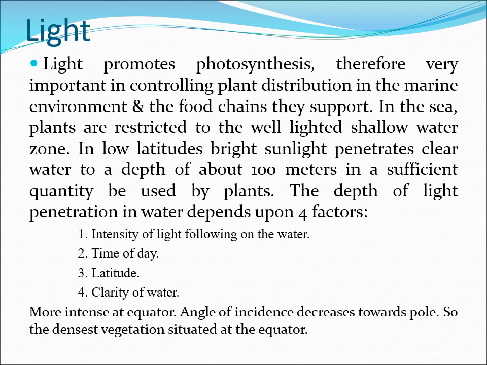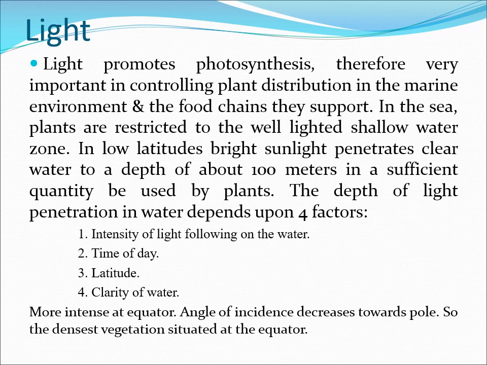Most of the sunlight for photosynthesis is restricted within the top 100 meters. So along with the autotrophs, all other organisms are mostly restricted within that particular zone. Now, the depth to which light can penetrate underwater depends on four factors. Firstly, the intensity of light falling on the water, that means the amount of sunlight falling over the water.